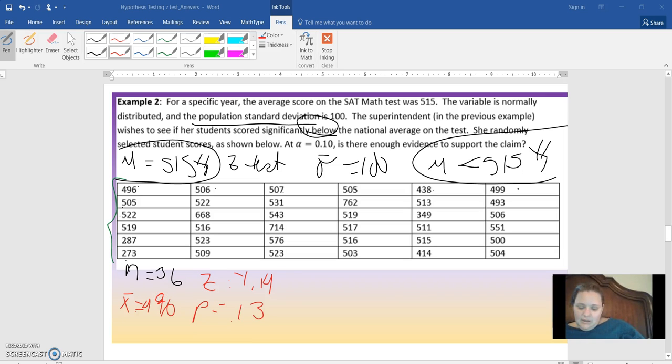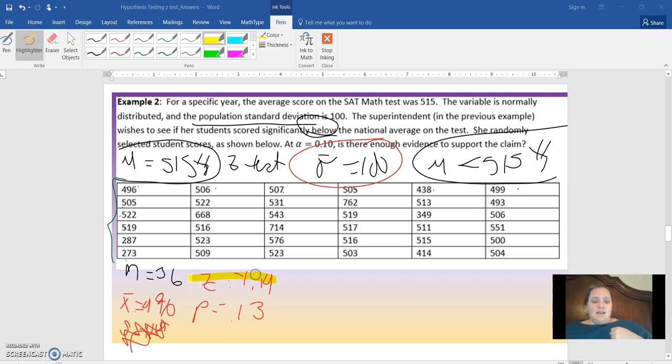Hard to tell, but okay. Sample standard deviation. We don't need the sample standard deviation because they told us the population deviation. All right, and so we need to compare this guy. Later, I'm going to show you how to do the P. We need to compare that Z to a critical value. So we have the Z test, and alpha is 0.1.